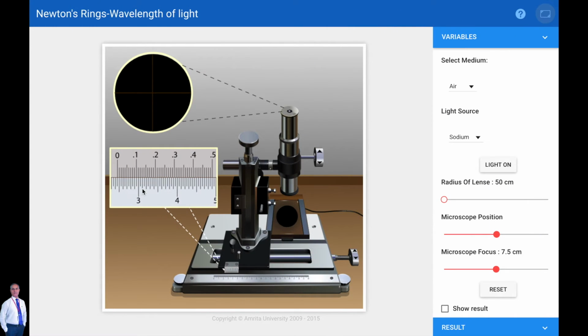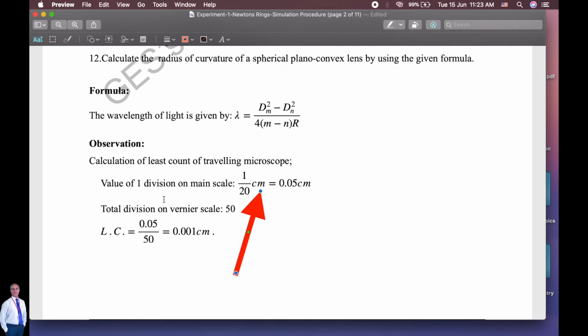Main lines are 10, and again these are divided into small lines, so there are a total of 20 lines. So 1 upon 20 is equal to 0.05 centimeter. This is the smallest division on main scale.